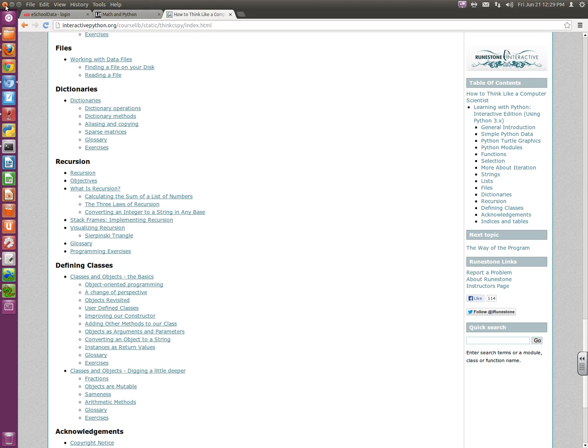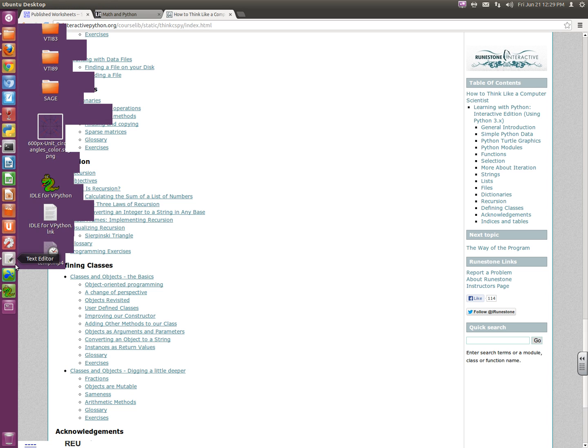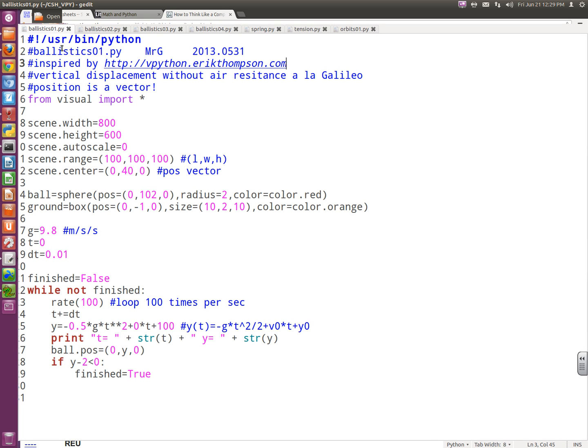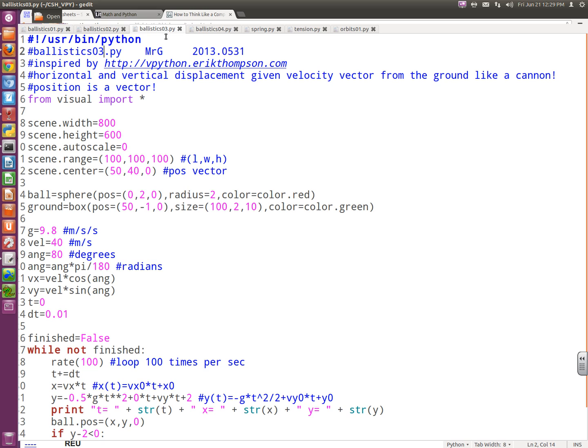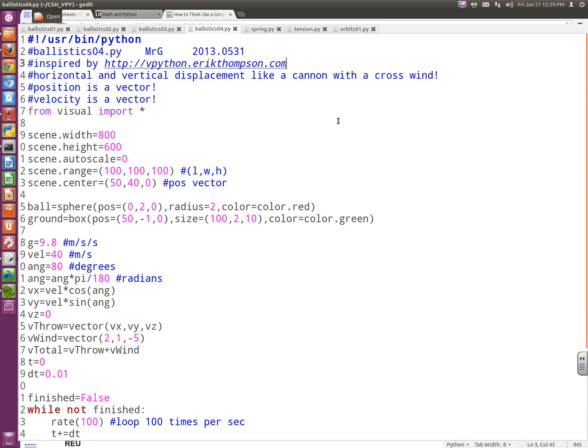So let's talk about that. I was looking at some of this stuff. I was doing a little with ballistics, with just a vertical component of motion, and then a horizontal one. Sort of a la Galileo free fall model, and then a cannon, and a cannon with a crosswind, and I played around with this a lot.